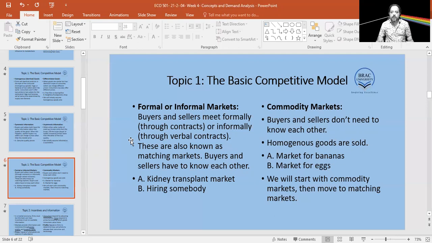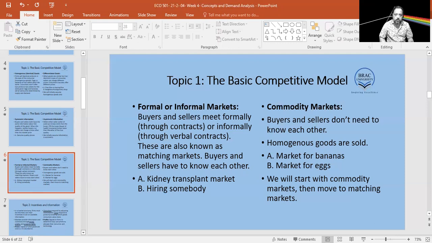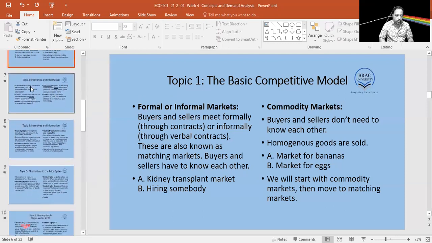A commodity market is a place where buyers and sellers don't need to know each other. Homogeneous goods are sold, eggs and bananas, the example that we mentioned again and again, because that's a very good example. We will start with commodity markets. Later on, we will be shifting to matching markets.